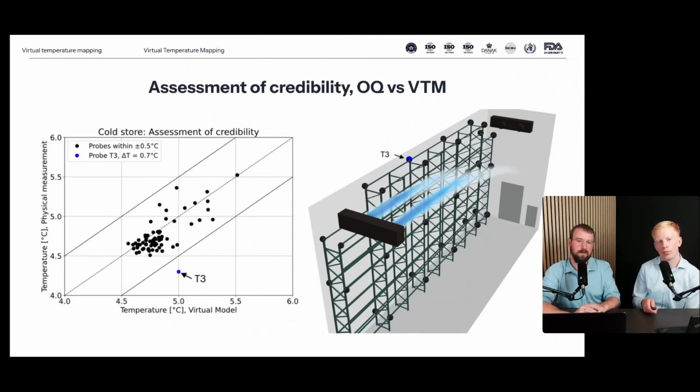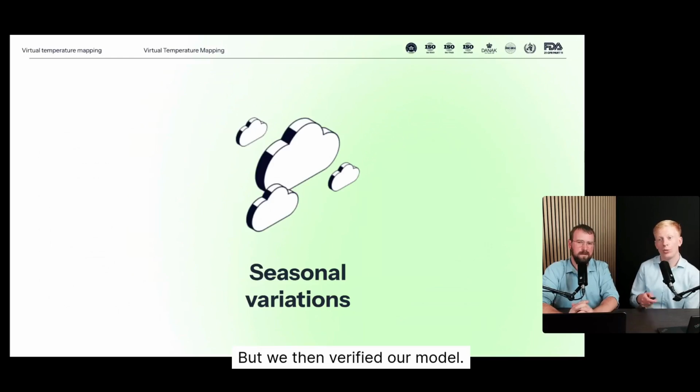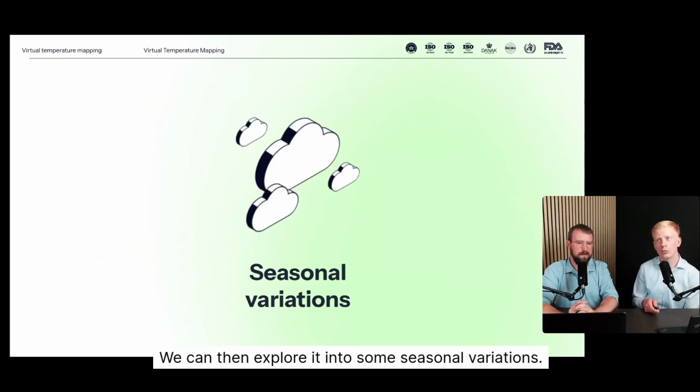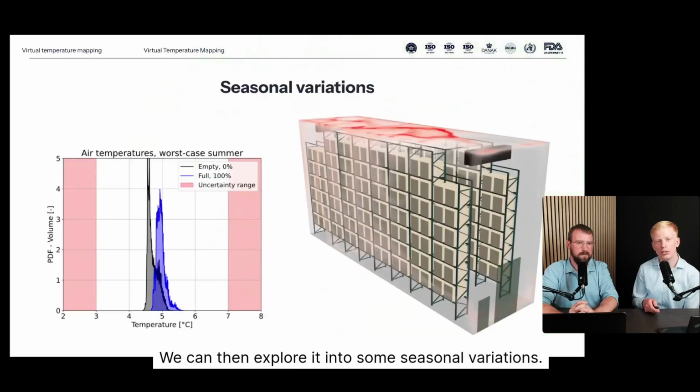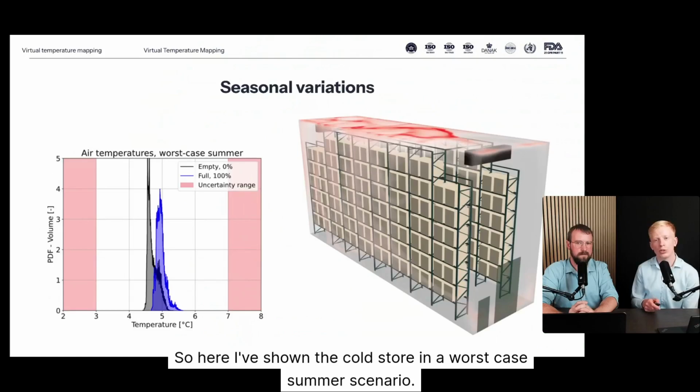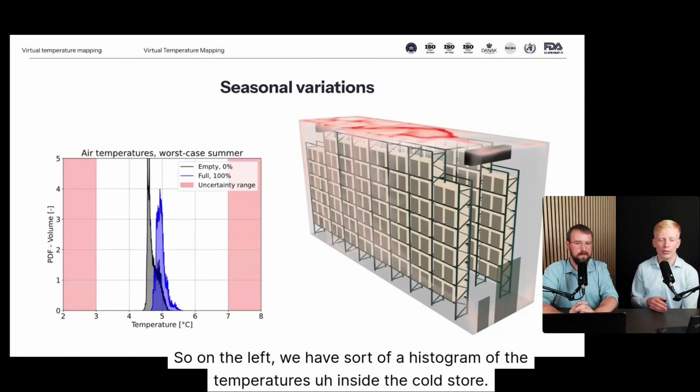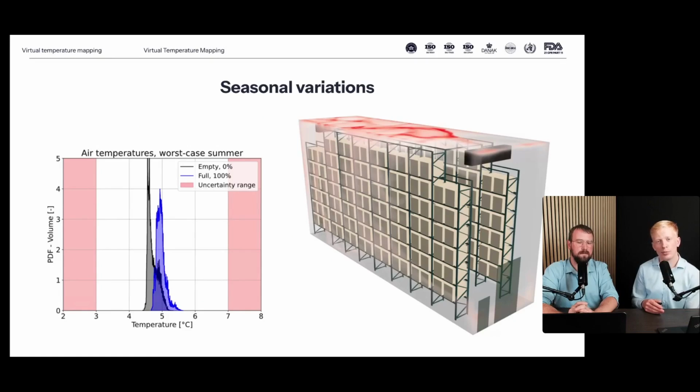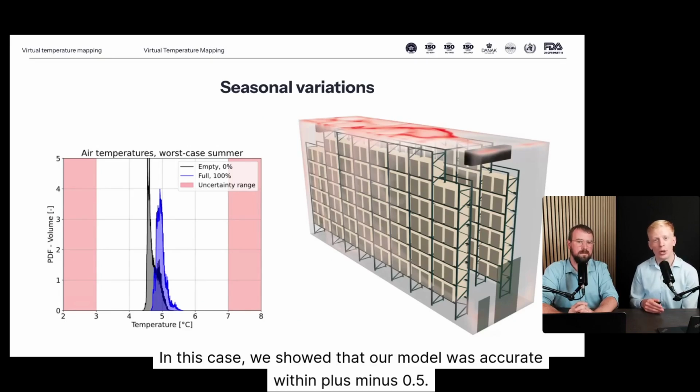Yeah, cool. When we have verified our model, we can then explore seasonal variations. Here I've shown the cold store in a worst case summer scenario. On the left, we have a histogram of the temperatures inside the cold store. In this case, we showed that our model was accurate within plus minus 0.5.